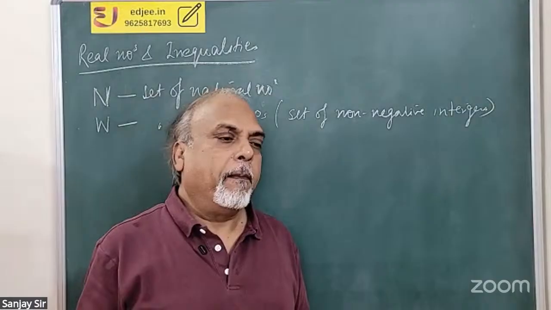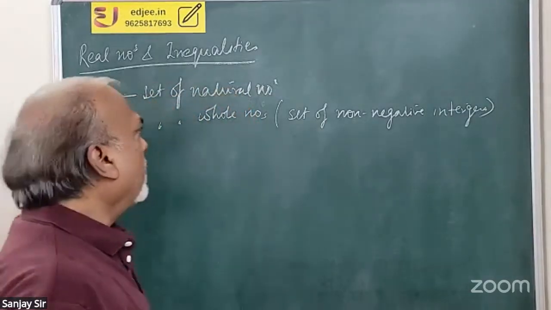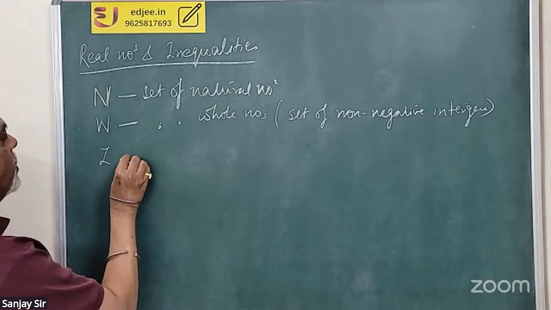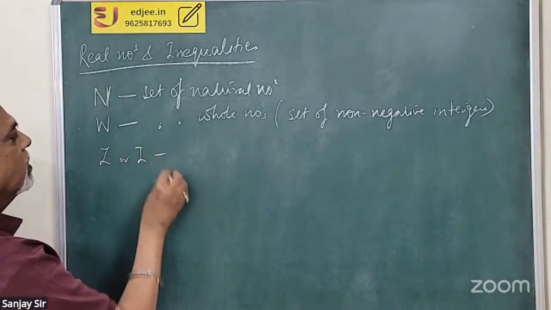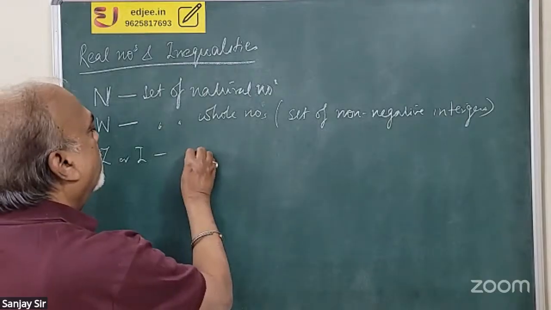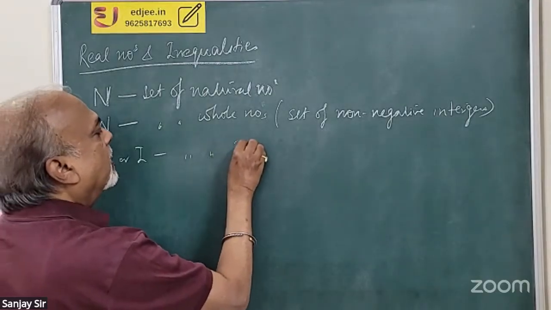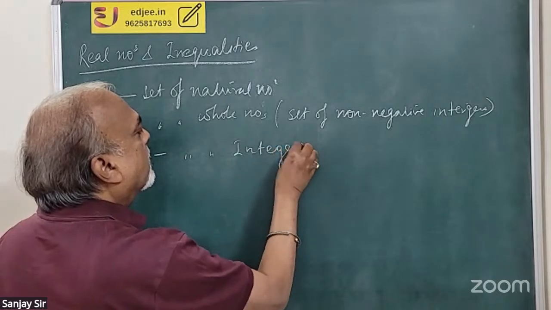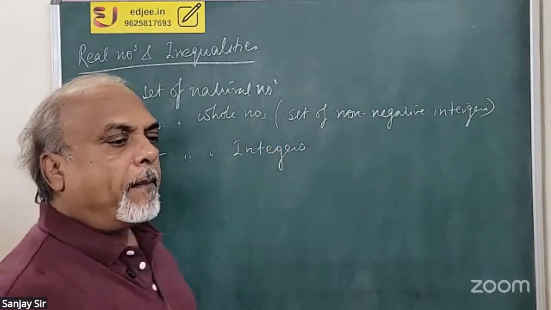Correct? Then we use Z, or in some books it is used as I also. This is set of integers. Correct?